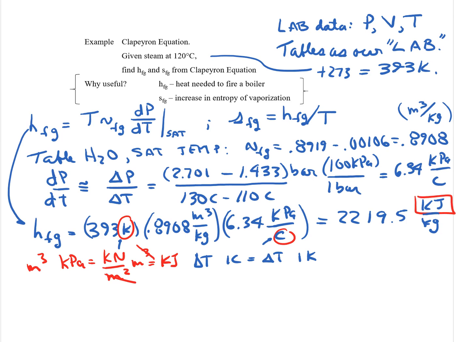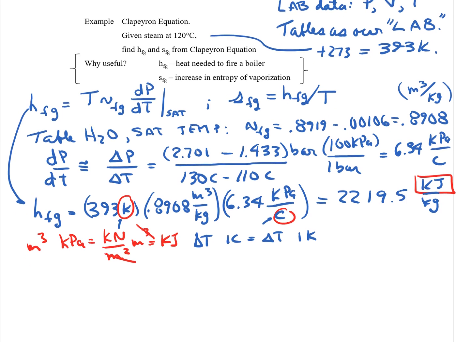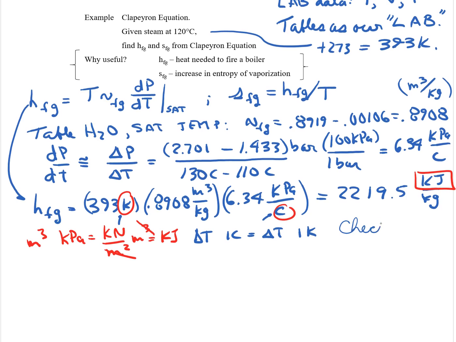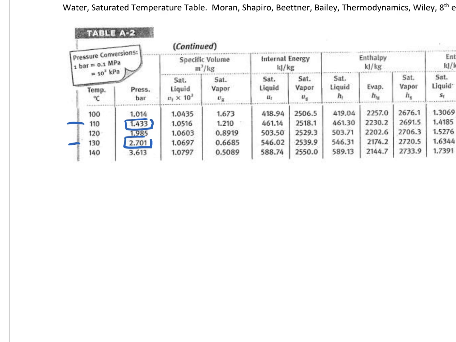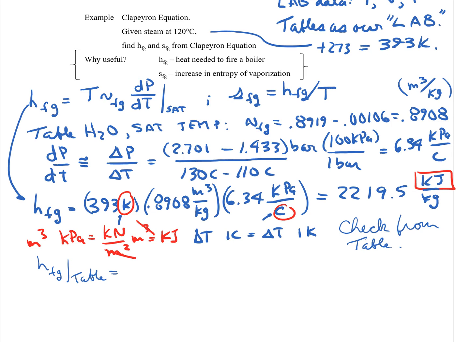Does that value make any sense? Well, we can check this value from the table, because the table lists HFG. Let's go back to the table for a moment. HFG for the table at 120 C is over here. It's 2202.6 kilojoules per kilogram.